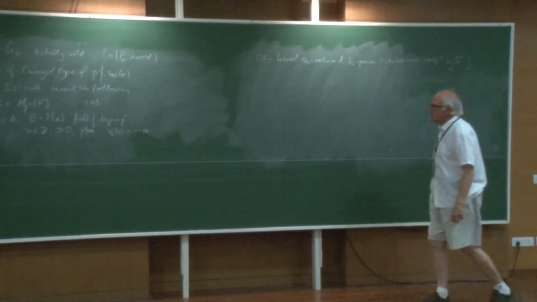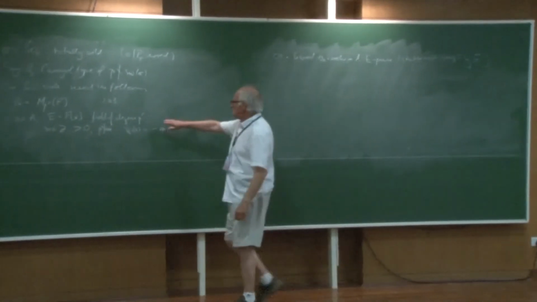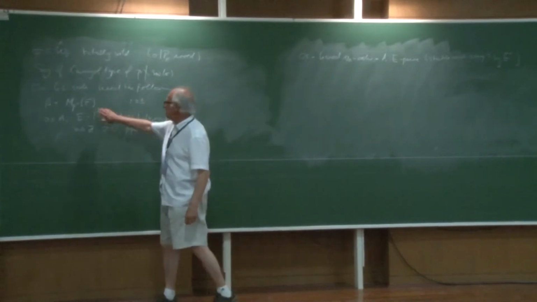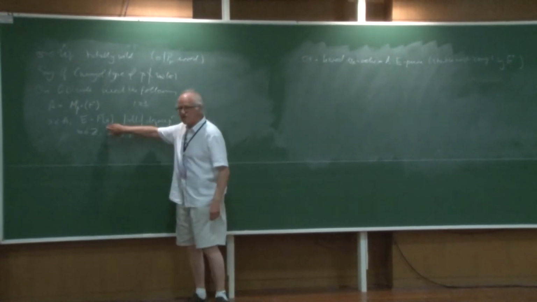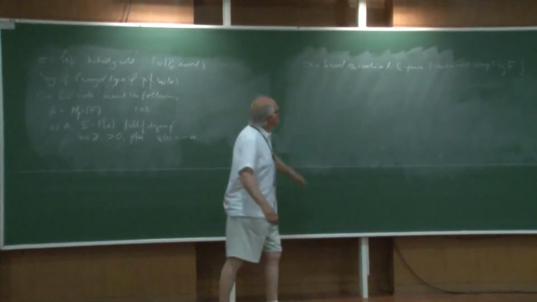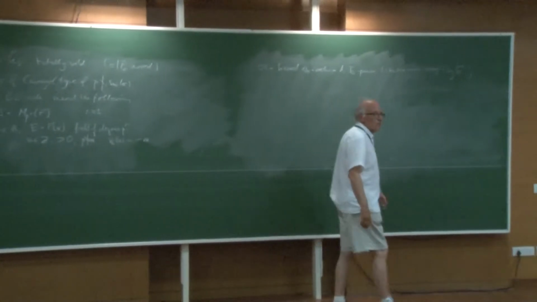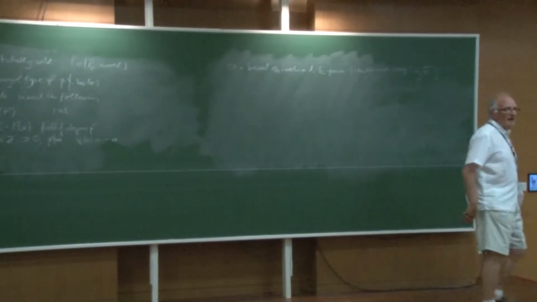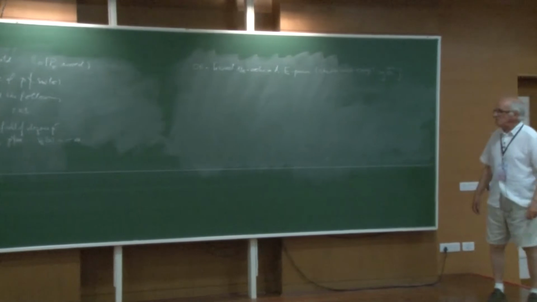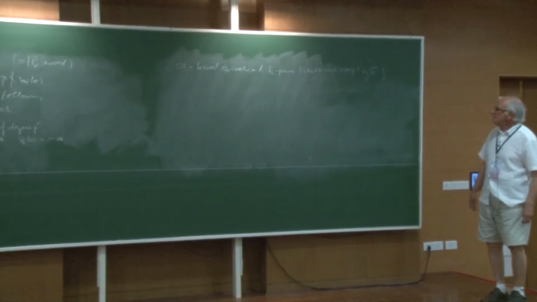In fact, in this situation, because this is a degree p to the r, I can think of A as the F endomorphisms of this field, and then this hereditary order is the set of all things which preserve every power of the prime ideal of E.